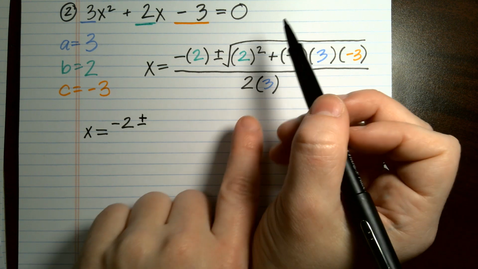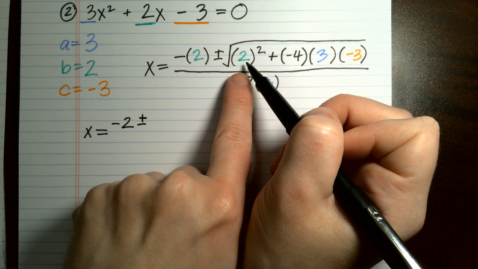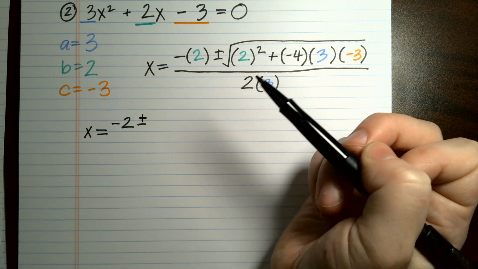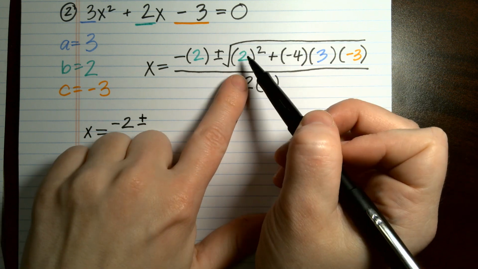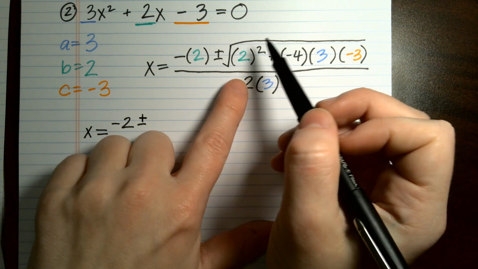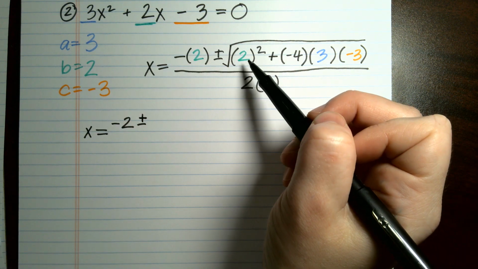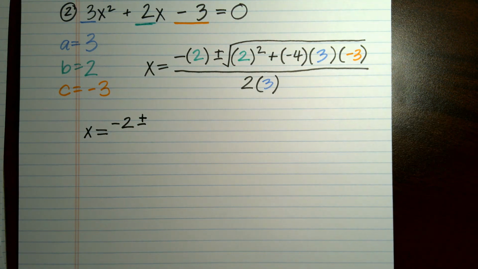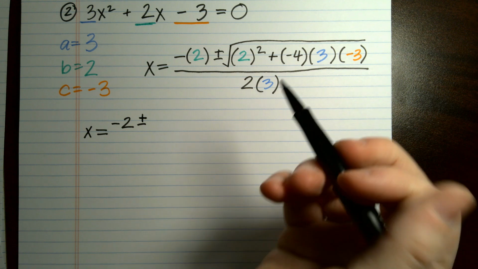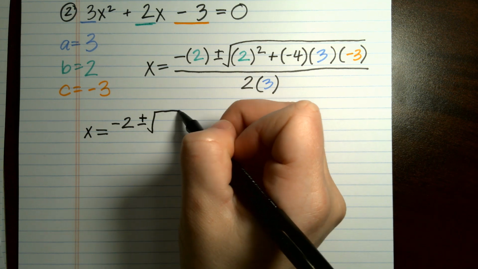Oh, now let's be careful. It's not the square root of 2. 2 squared. It's going to be the square root of all these numbers, but inside of that square root, we're doing 2 squared. So it'd be 2 times 2, 4.